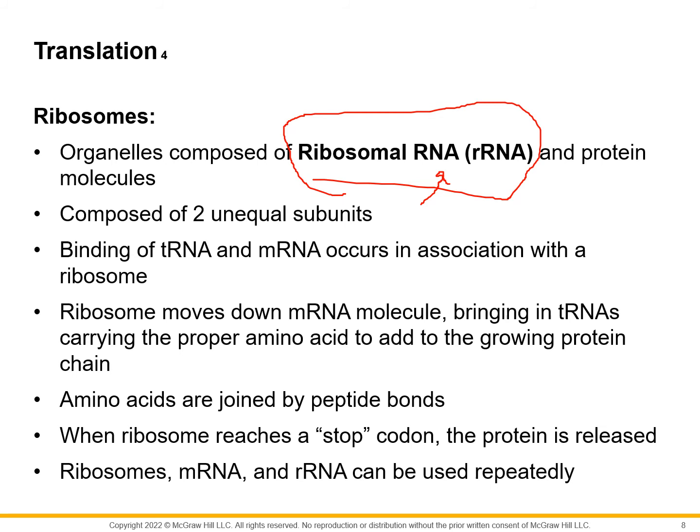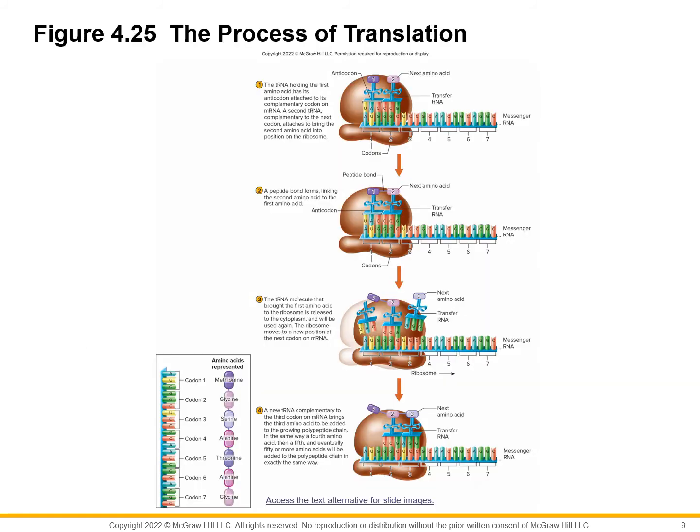As the amino acids are brought into place, they're joined by what we call a peptide bond. And since we're adding them together, we are doing this by the process of dehydration synthesis, right? A synthesis type reaction, building, and we're doing it by removing water. So every time the transfer RNA brings an amino acid in, I'm going to remove water and cause those amino acids to form a peptide bond.